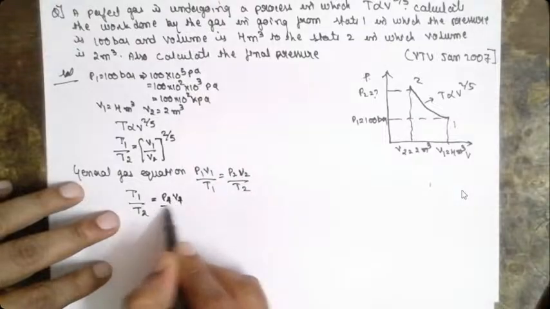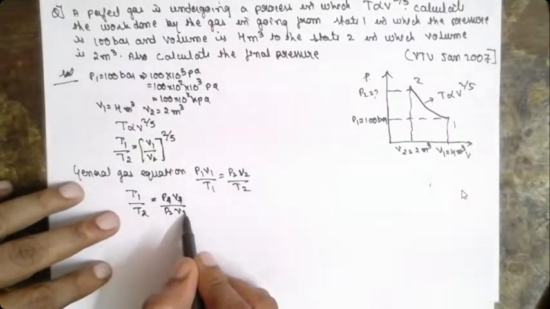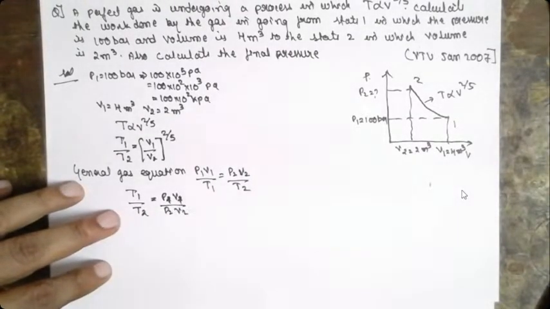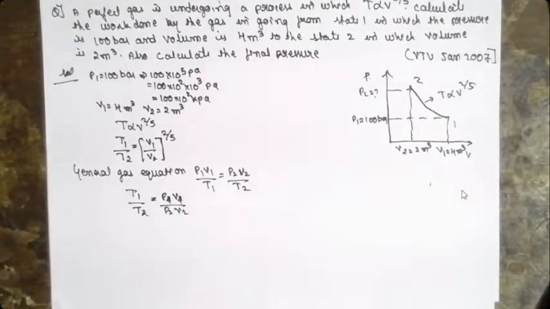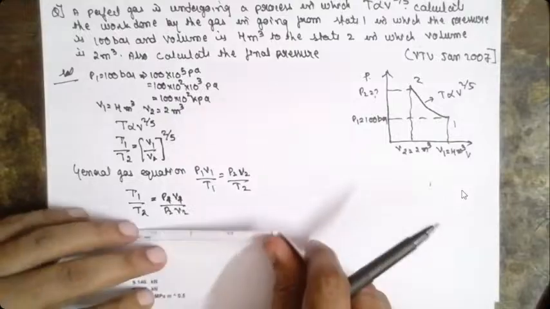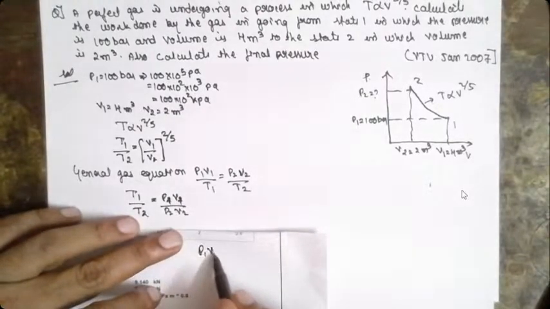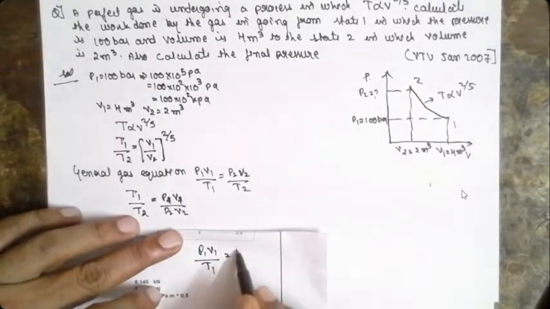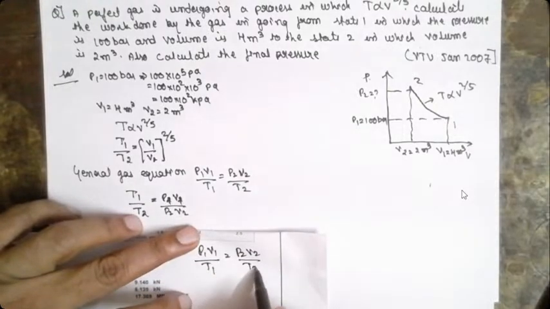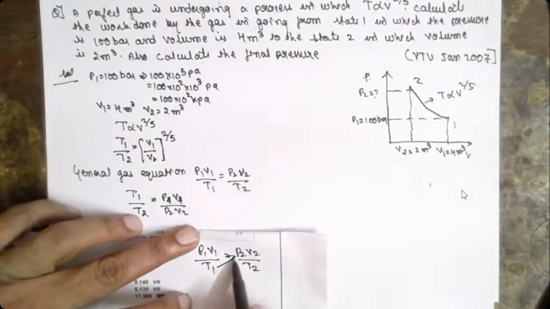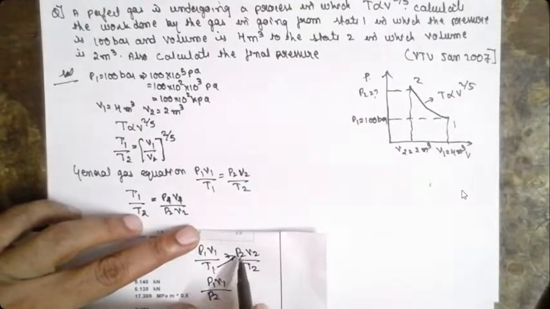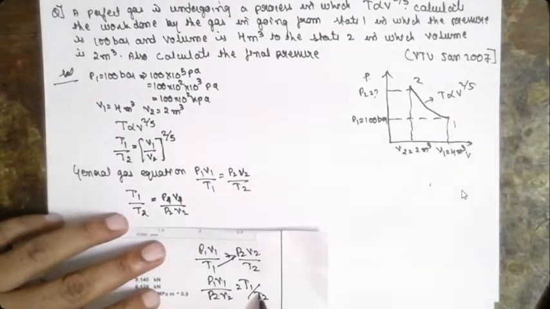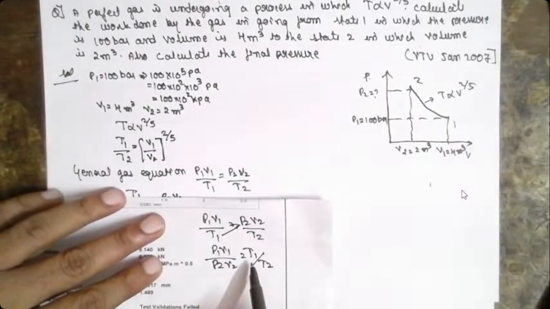See here, P1 V1 divided by T1 is equal to P2 V2 divided by T2. We are bringing T1 here: P1 V1 divided by P2 V2 is equal to T1 divided by T2. I am writing in this form.